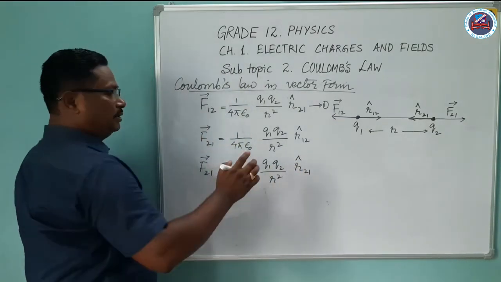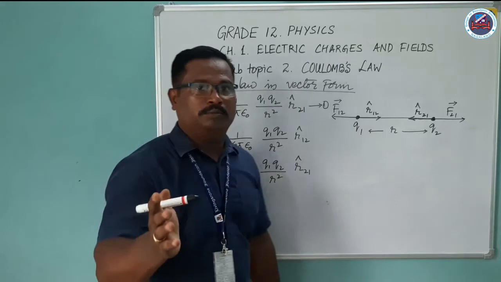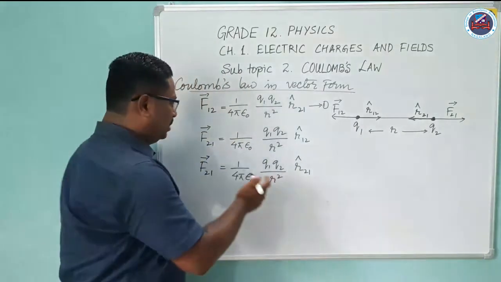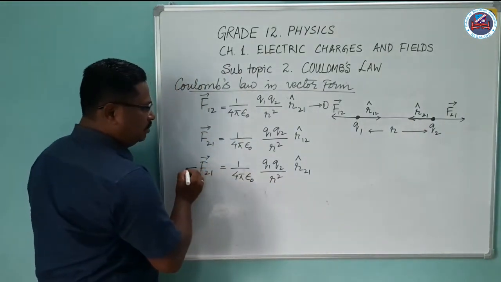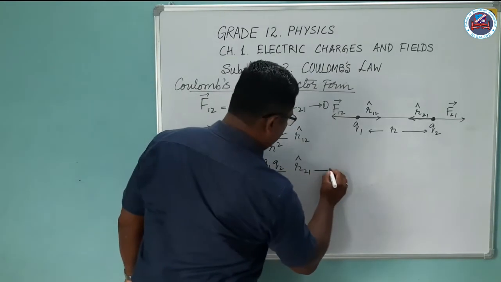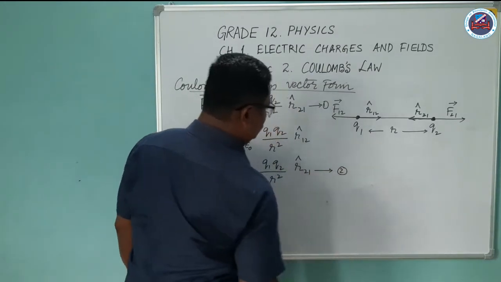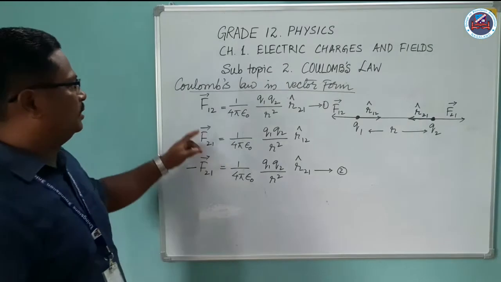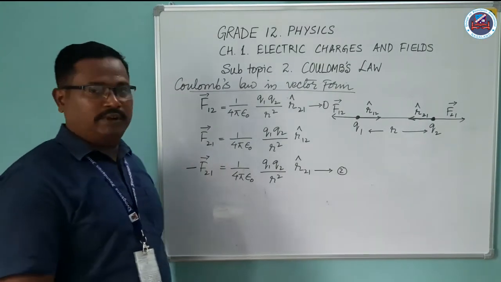So in vectors, when the direction changes, plus gets converted to minus. So this will become minus. Let me take this as equation number 2. This is the way to represent Coulomb's law in vector form.